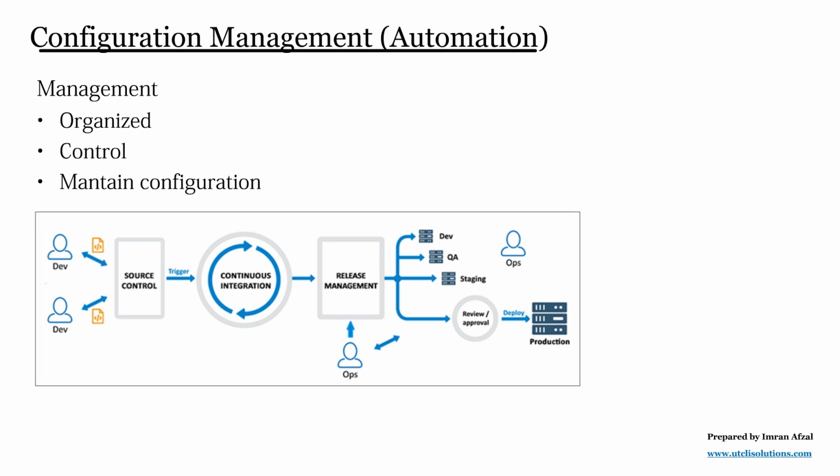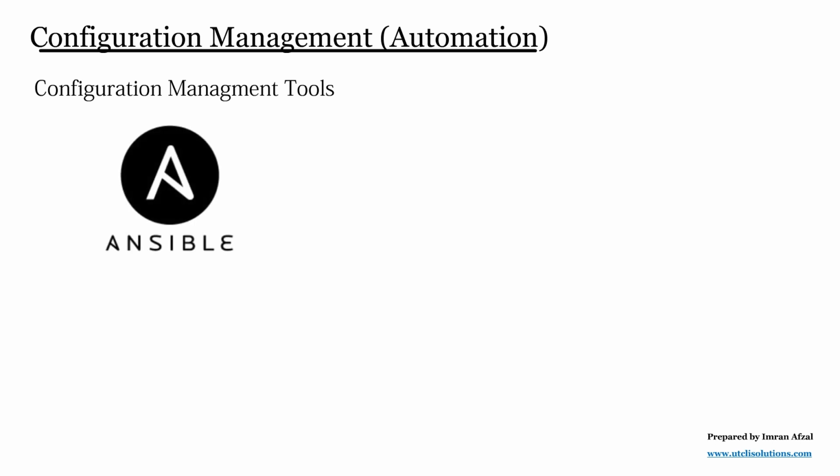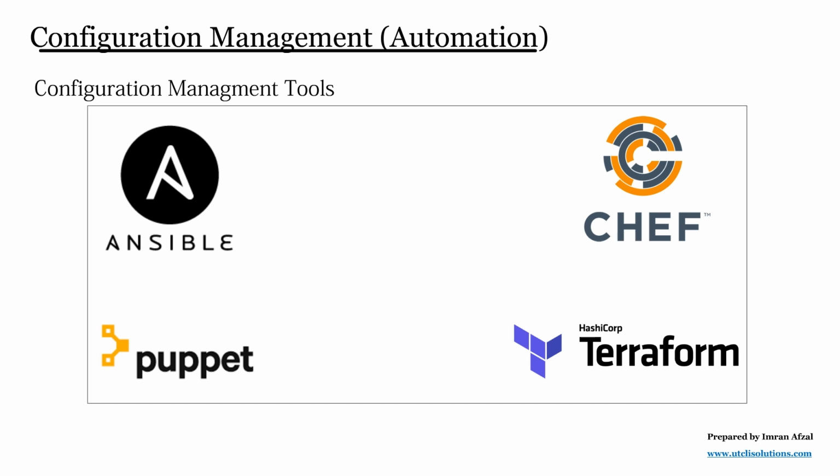This configuration management practice is done by DevOps using automation tools such as Ansible, Puppet, Chef, Terraform, and so on, which, by the way, we will cover all of them later in the DevOps tools section.